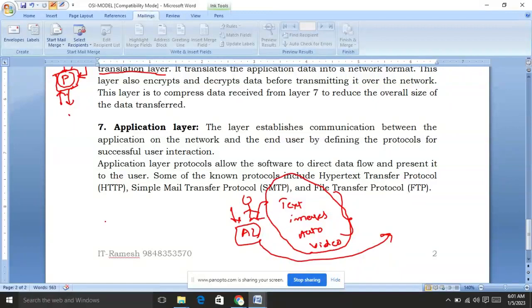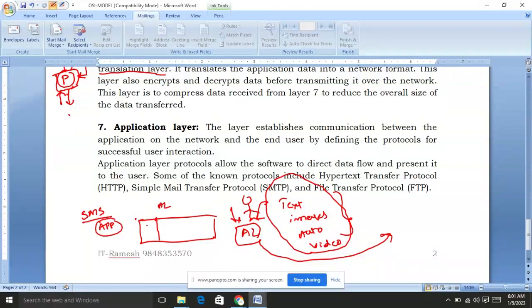For example, we send an SMS, simple messages, right? SMS is one kind of application or program which is in the application layer. Suppose we are sending emails, so that is another kind of program which is in the application layer. Let us consider, this is the application layer.